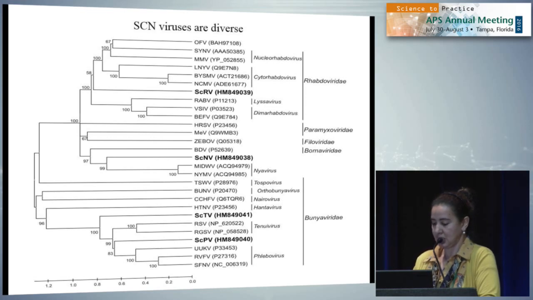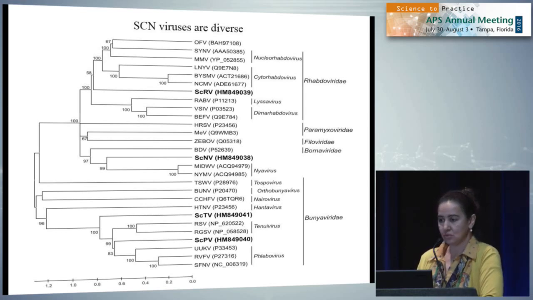The SCNV is closer to the midway virus, which is a tick virus, basically an insect virus. And we have the SCTV, which is closely related to a tinea virus belonging to the Bunyaviridae family. And then the last one is the SCPV that belongs to Libovirus.